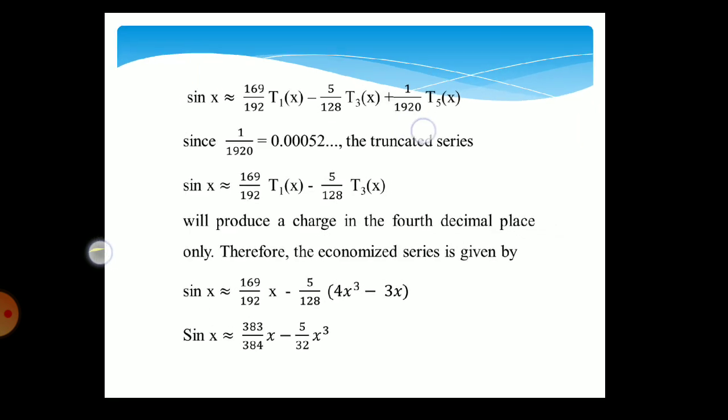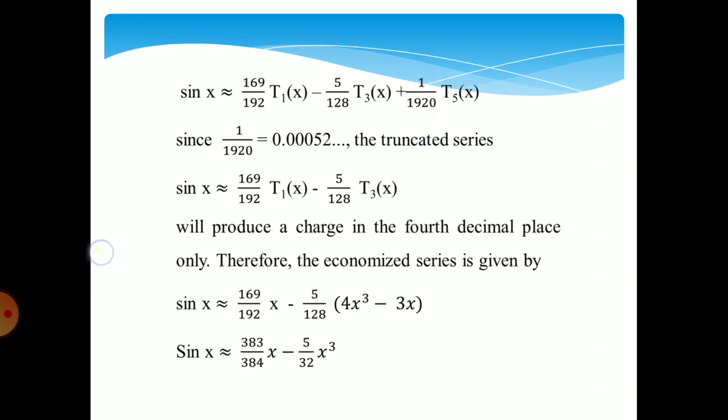Again, the value of 1 upon 1920 is 0.00052. We shall consider this as a truncation error, which means we can eliminate this term, and the new truncated series is sin x equals, eliminating the last term, 169 upon 192 t1x minus 5 upon 128 t3x.